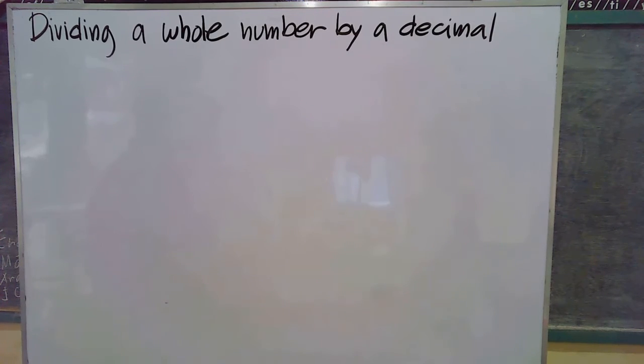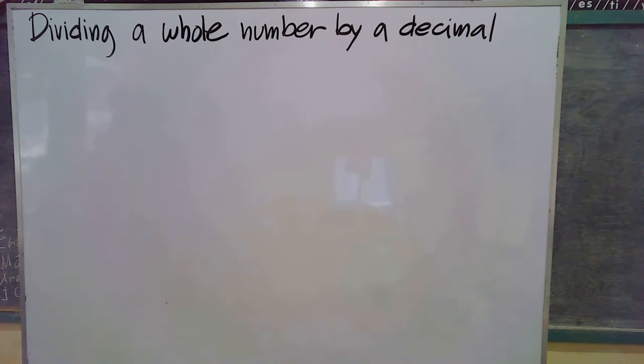Then add zeros to the whole number based on the number of decimal places in the divisor. So how do we do that? Let me explain by giving an example.